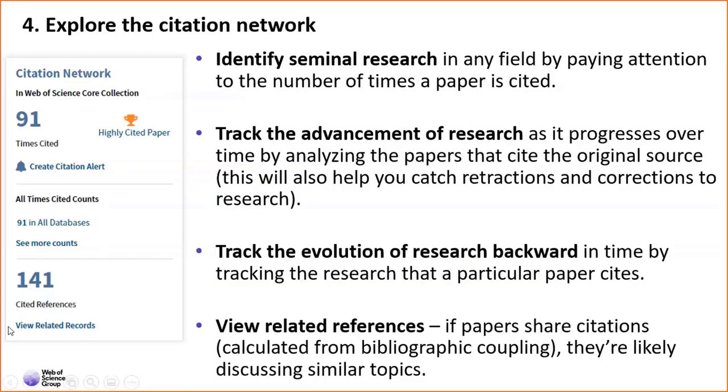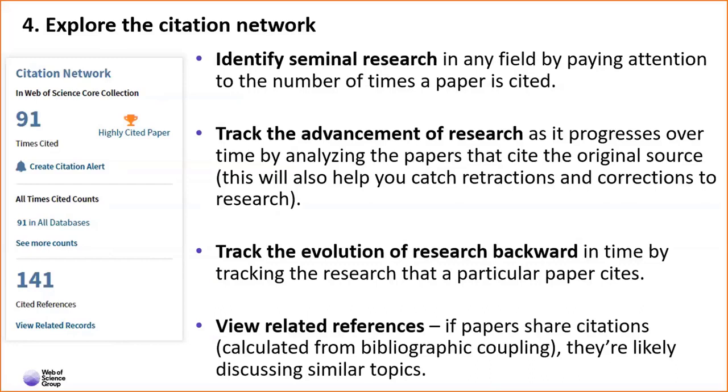And you can view the related references. That's the last part, which basically would tell you this paper has cited 141 other papers, right? If I read the paper, I would see the list of references, 141. The question I can ask Web of Science is, find me what we call related records.